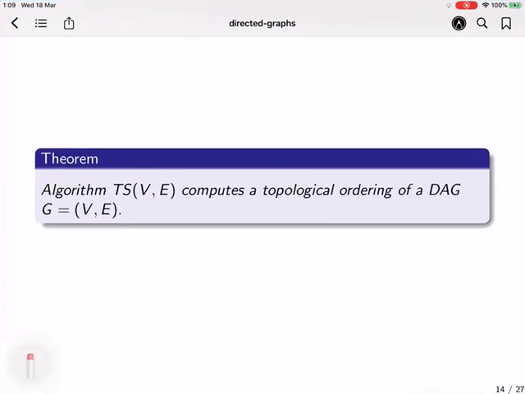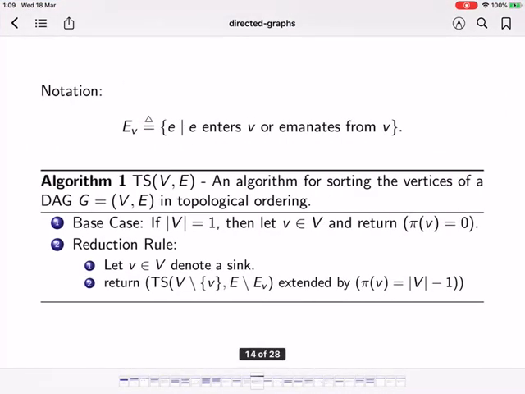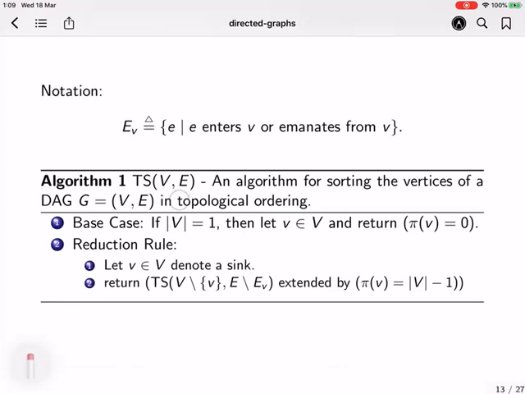Before I finish, I want to raise a question. The algorithm for topological sorting is designed to sort the vertices of a directed acyclic graph and compute a topological ordering of the vertices.